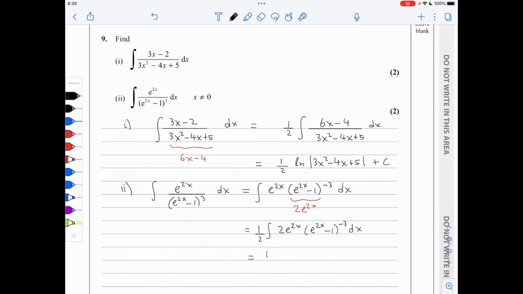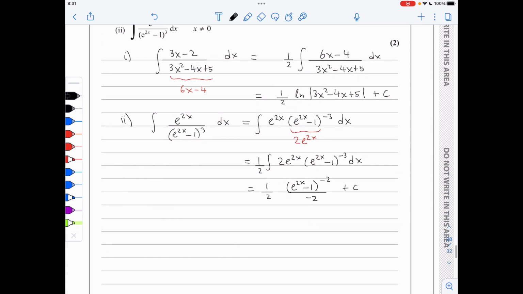So this will be a half times e to the 2x minus 1, and we increase the power by 1, we divide by the new power plus c, and this is equal to minus 1 over 4 brackets e to the 2x minus 1 squared plus c.